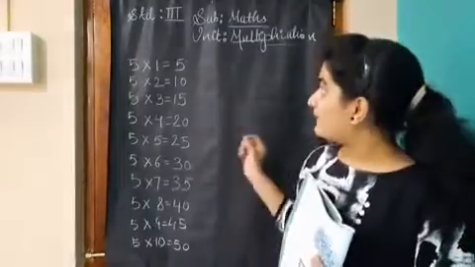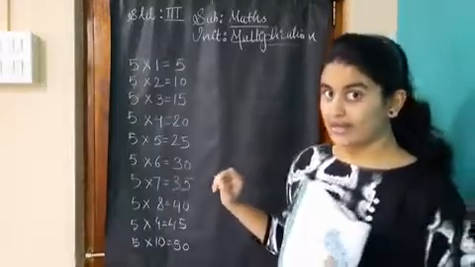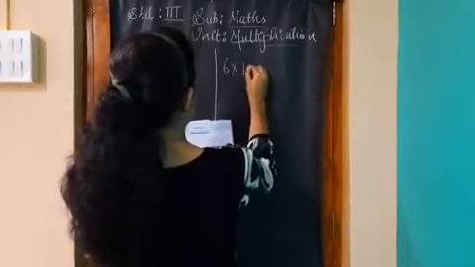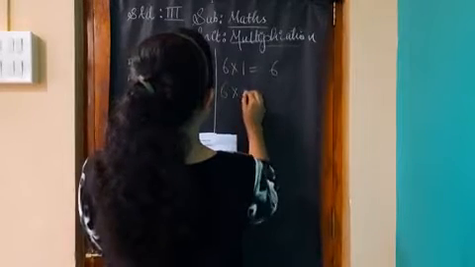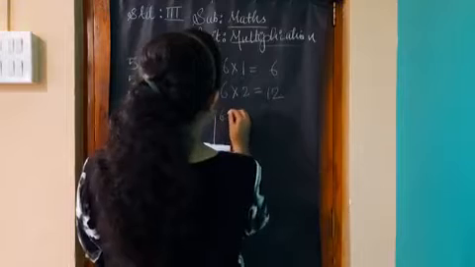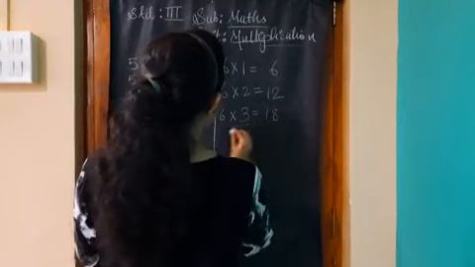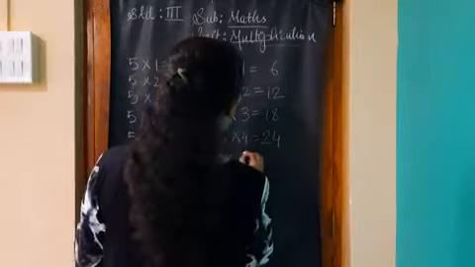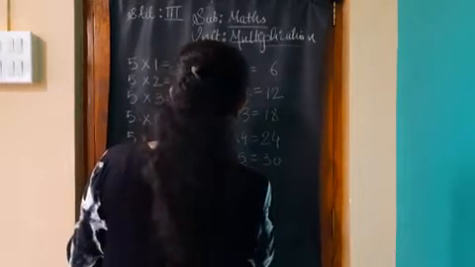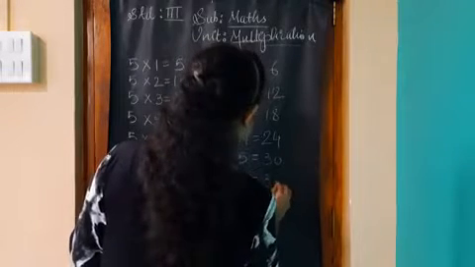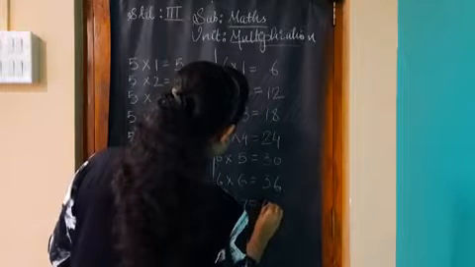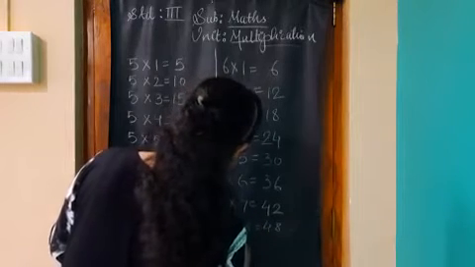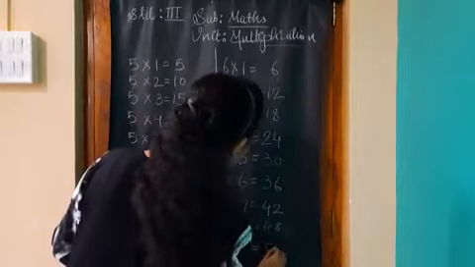तो अब हम ब्लैक बोर्ड पर 6 का टेबल लिखेंगे. 6 1s are 6, 6 2s are 12, 6 3s are 18, 6 4s are 24, 6 5s are 30, 6 6s are 36. 6 sevens are 42, 6 eights are 48, 6 nines are 54.